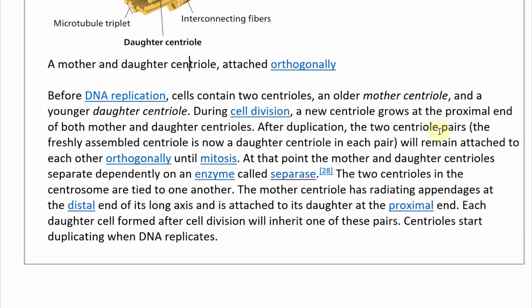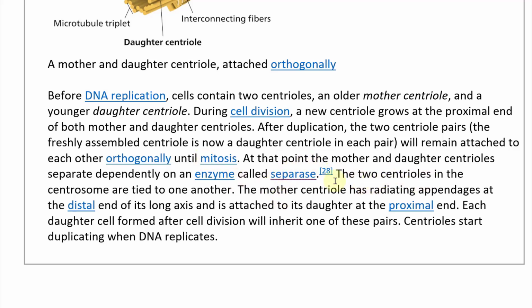After duplication, of the two centriole pairs, the freshly assembled centriole is now a daughter centriole, and each pair will remain attached to each other orthogonally until mitosis. At that point, the mother and daughter centrioles separate dependent on an enzyme called separase. Or just separase, I think that's how I pronounce it.